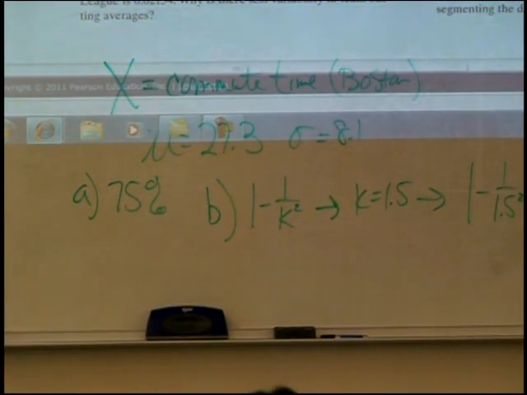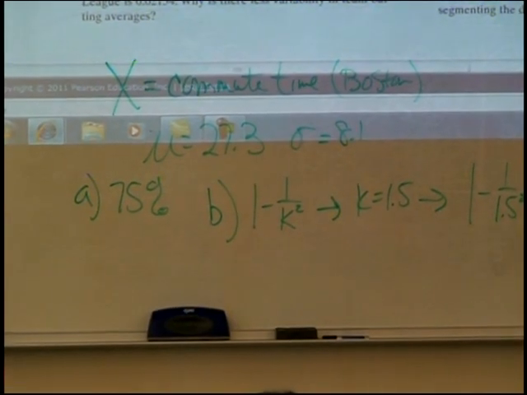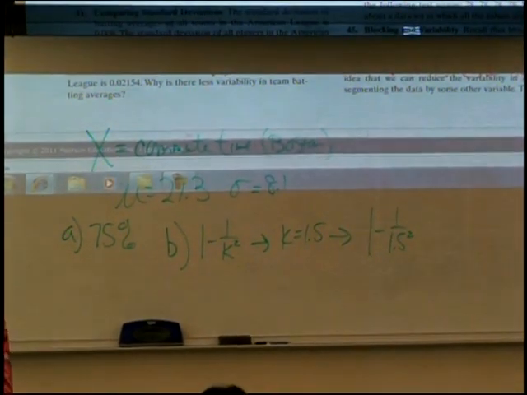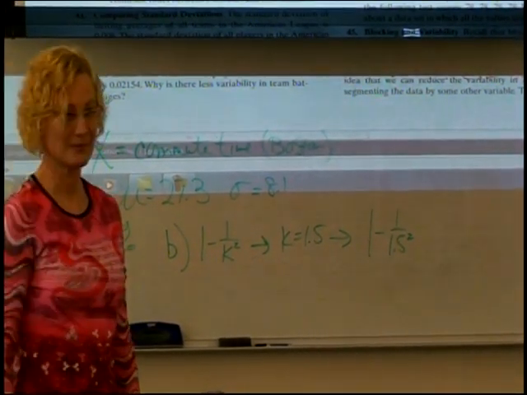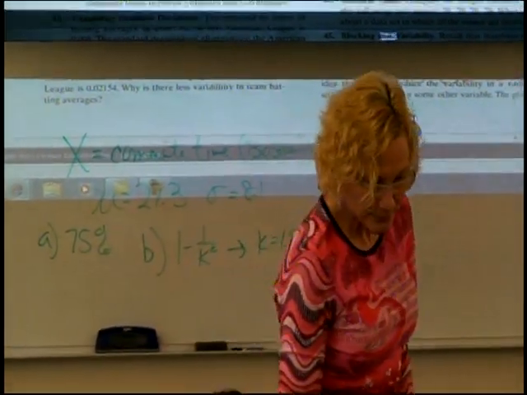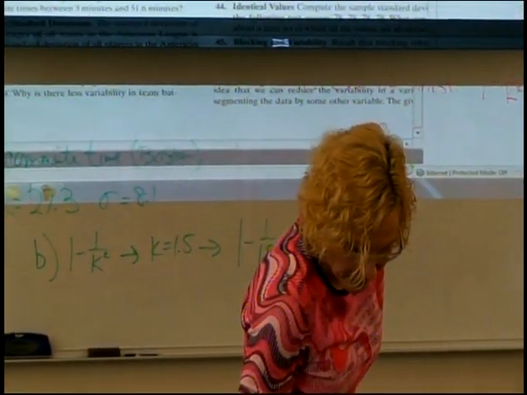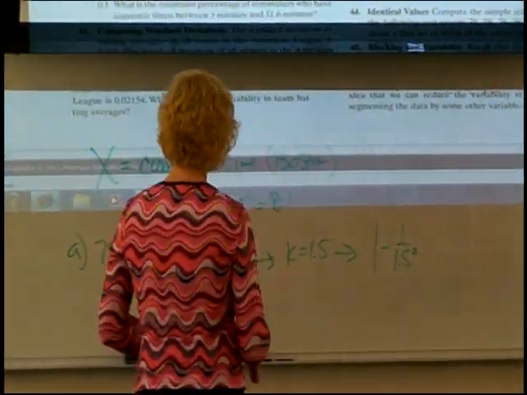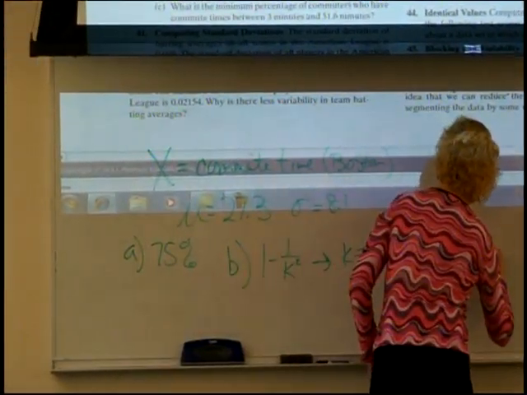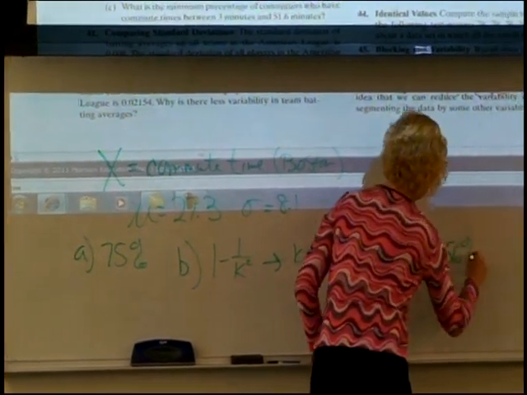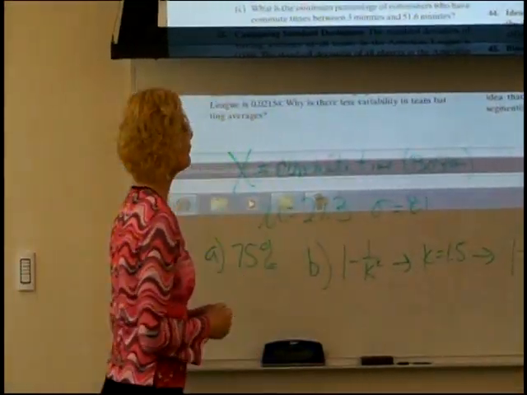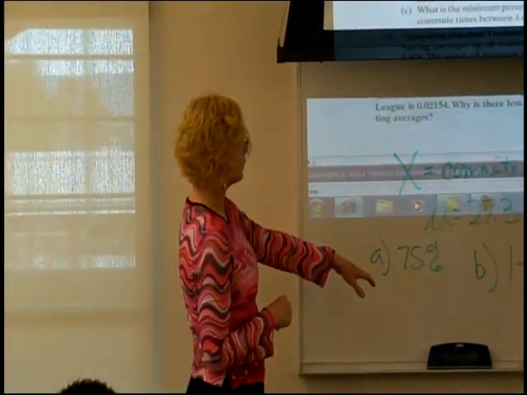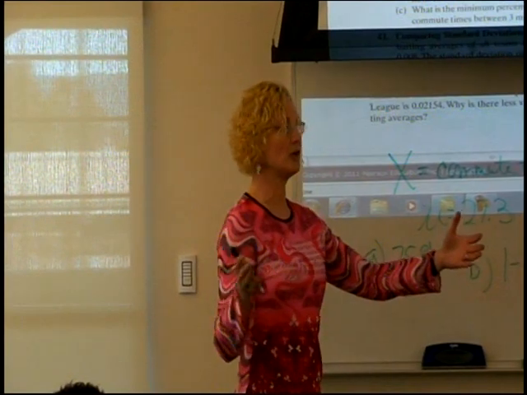You can just type that right into your calculator: 1 minus 1 divided by 1.5 squared. No parentheses or anything, and you'll be golden. Anybody get that? 56-ish? Cool, great. 56%? So at least 56% of Boston commuters have commute times within 1.5 standard deviations of the mean.